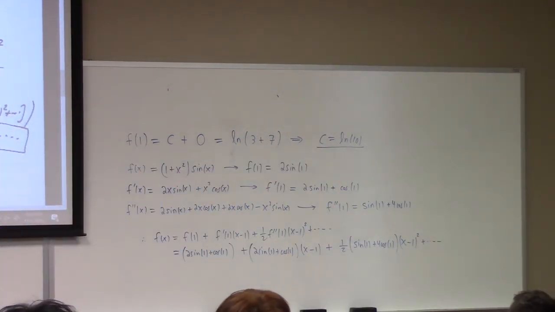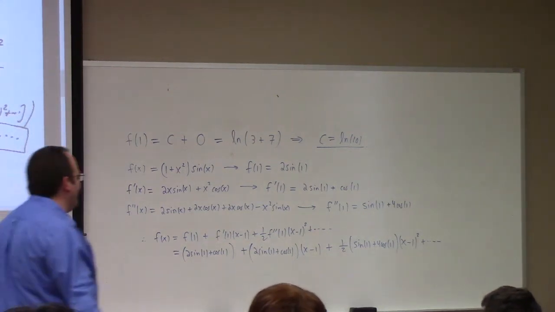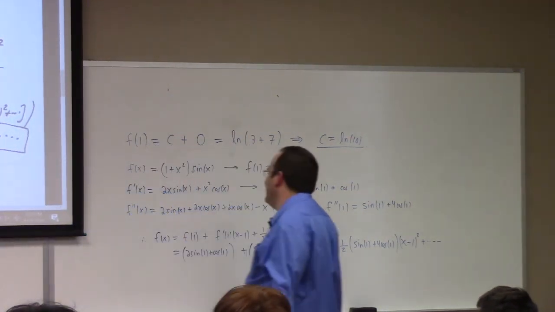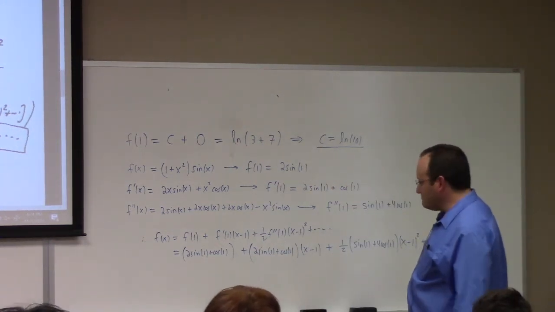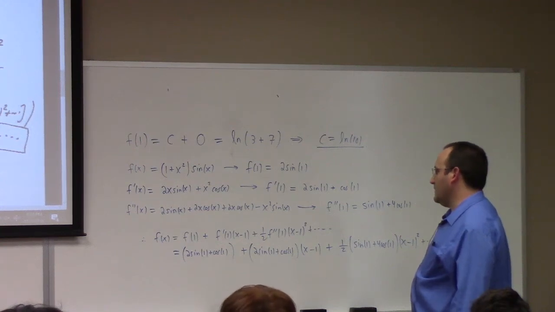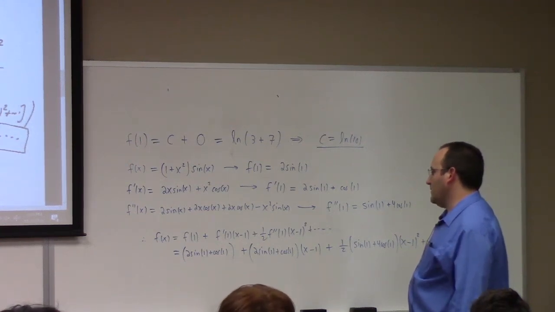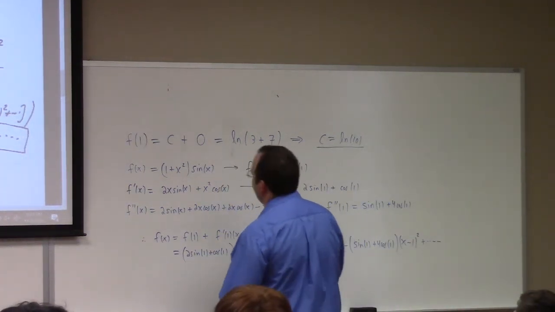Do you see something else, Mr. King? You stop me! You guys gotta stop me! What did I do wrong? The first derivative? 1 plus x squared times cosine of x. You just pull that.